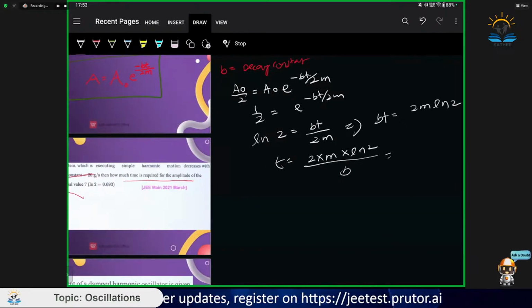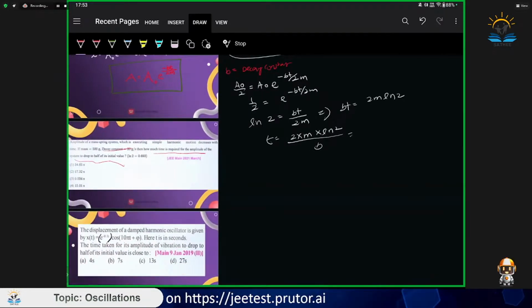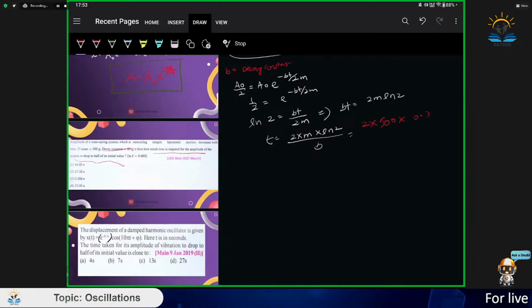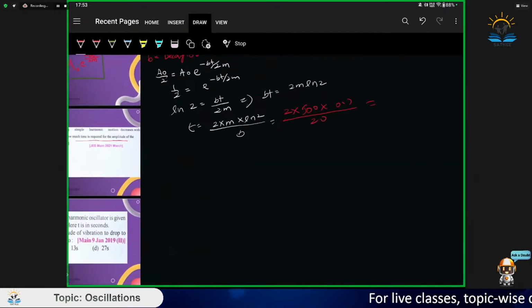We have all the values, right? What is m here? Grams get cancelled, so don't worry about that. 2 into 500, ln 2 is given as 0.6 and I'm taking 0.7, b is 20 gram per second. So grams will cancel each other.